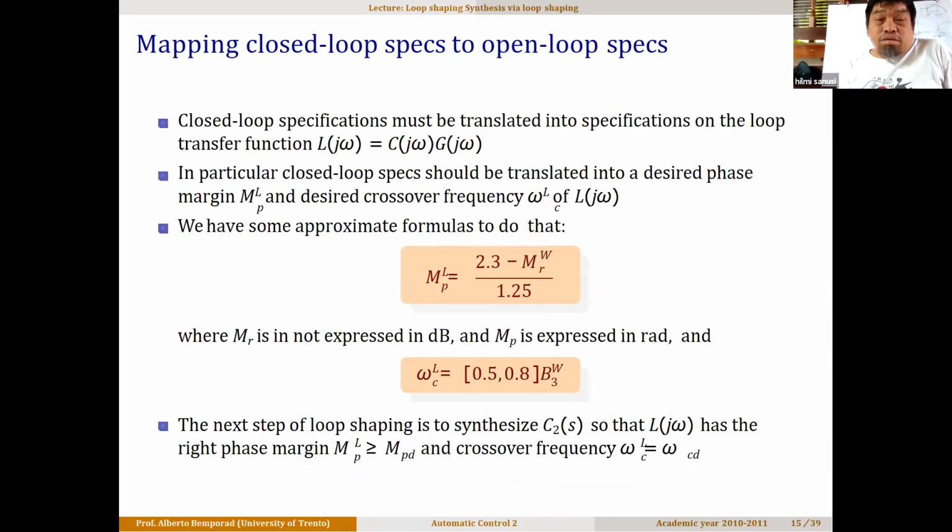So macam mana kita nak buat closed loop tracking error? Kita translate closed loop specification should be translated into a desired phase margin and the desired crossover frequency of the closed loop system.